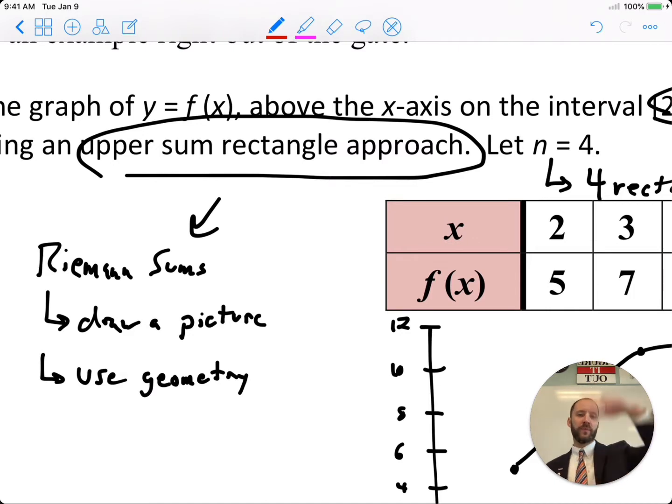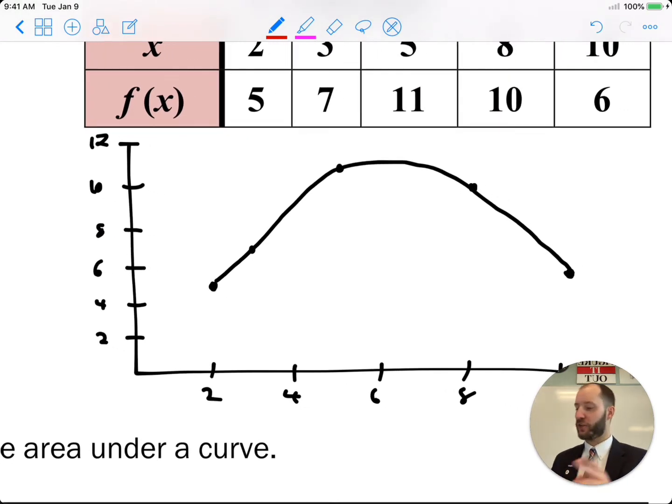A lower sum approach would be asking what's the least possible area? Upper sum, what's the most possible area? So every rectangle we do is going to be an overestimate. Depending on the curve, when it's increasing, you're going to use the right bound. When it's decreasing, you're going to use the left bound.